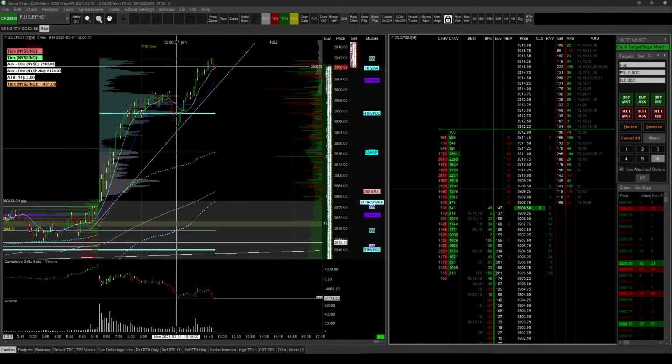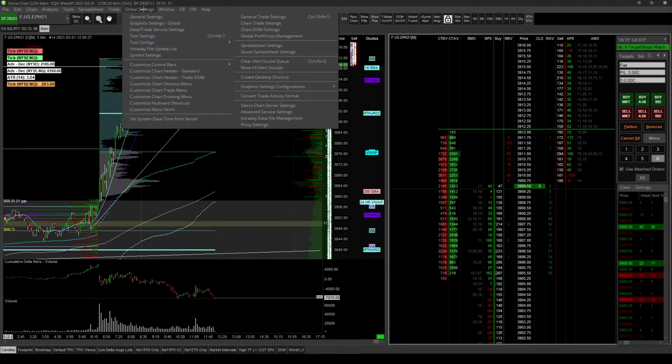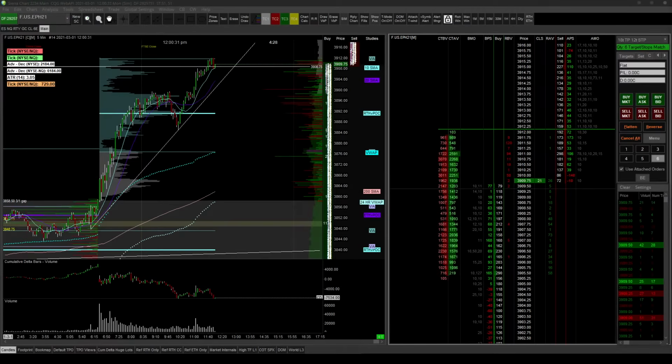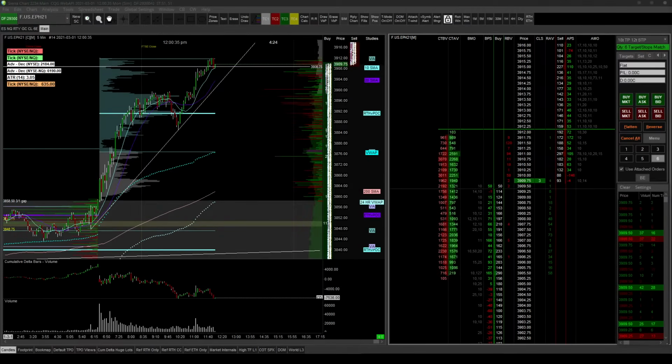And remove the AMP affiliation, so they didn't have access to my Sierra Chart account anymore. And then I changed my password, and then I noticed, hey, all of a sudden I'm able to connect Interactive Brokers, so it shows up in the global settings, data, trade service settings, right? Well, I don't want to show all that, do I?